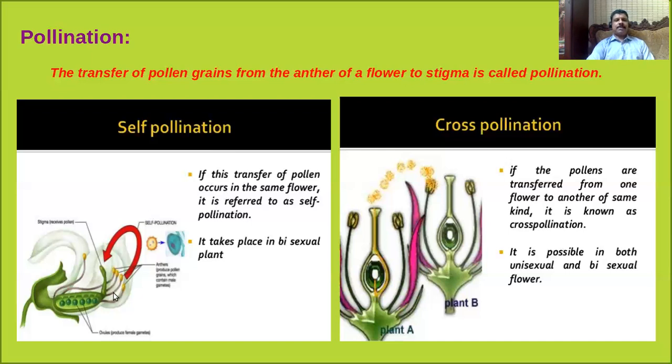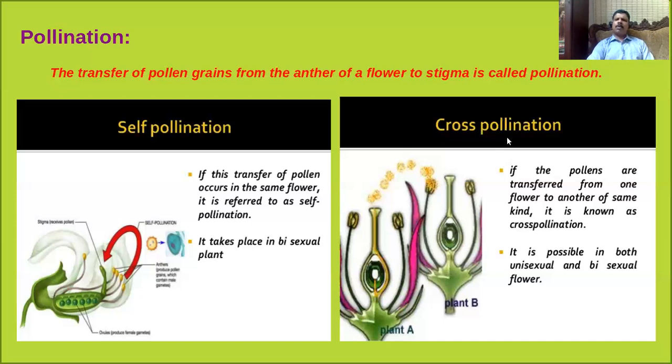That means the transfer of pollen grains from the anther of a flower to the stigma of the same flower. This type of pollination we call self-pollination. Dear students, self-pollination takes place only in bisexual plants, or bisexual flowers.